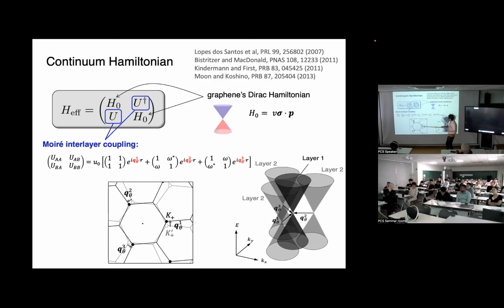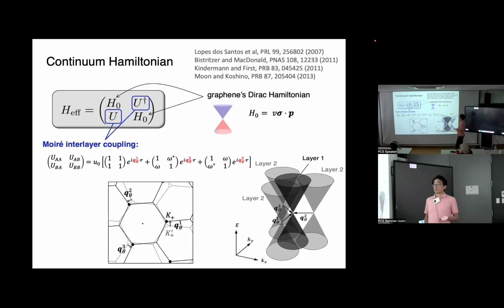Those actually correspond to this and this and this. And you have the periodicity, the Moiré zone. The reciprocal wave vector of the Moiré pattern is like Q1 minus Q2, Q2 minus Q3.